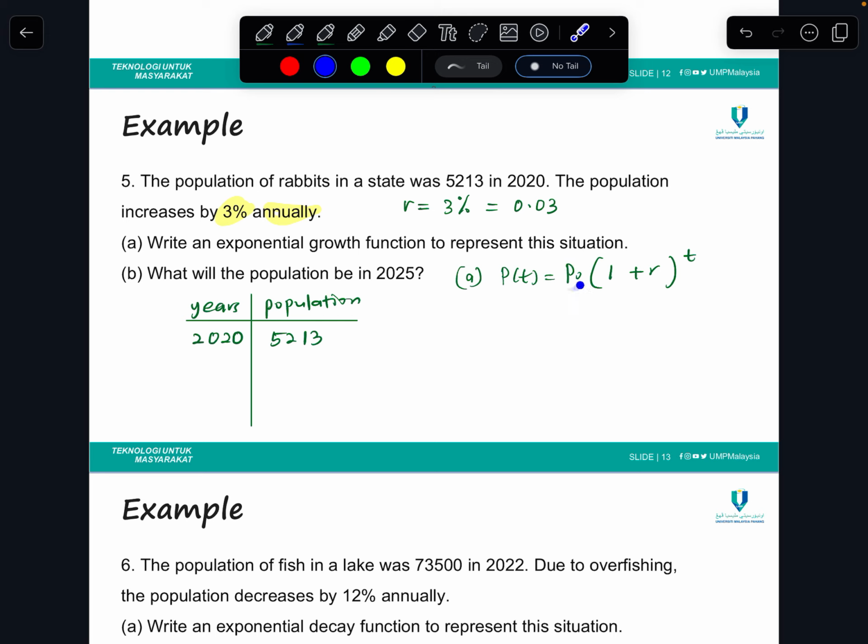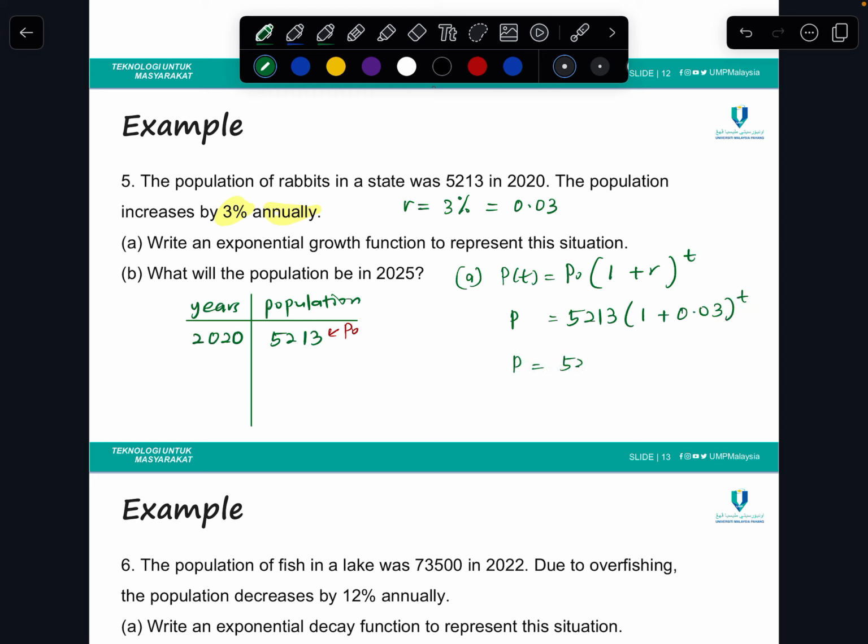So now you can put the corresponding value of P naught. P naught is the value at initial time. So we can regard the year 2020 population 5213 as the P naught. So P equals 5213, and put 1 plus, and your r is 0.03, to the power of t.